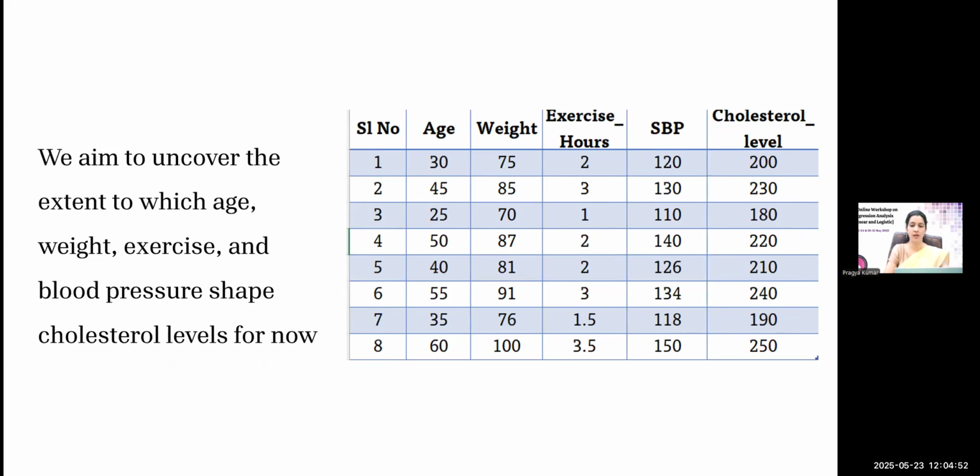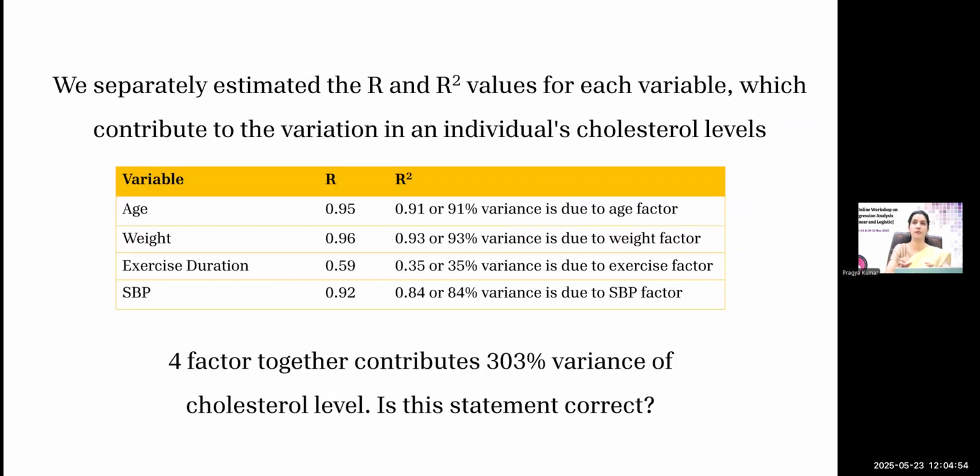So now how will I calculate the variance? We separately estimate the R and R square for each variable. I have performed simple linear regression for all these factors individually. With age and cholesterol, the R square is 91%.